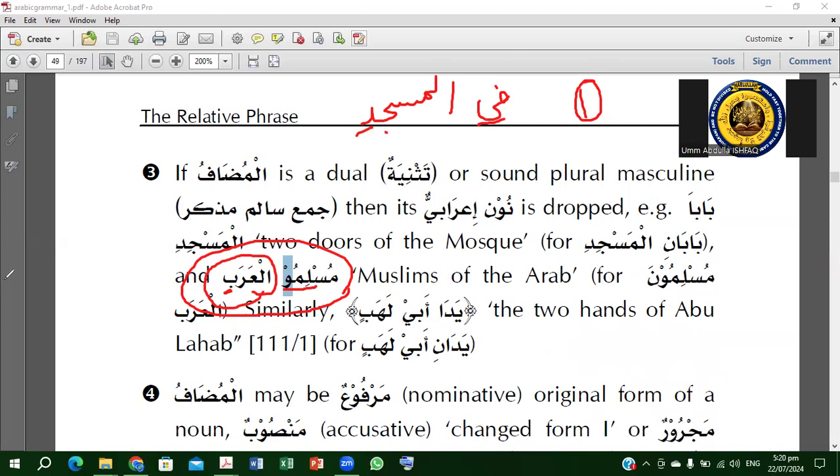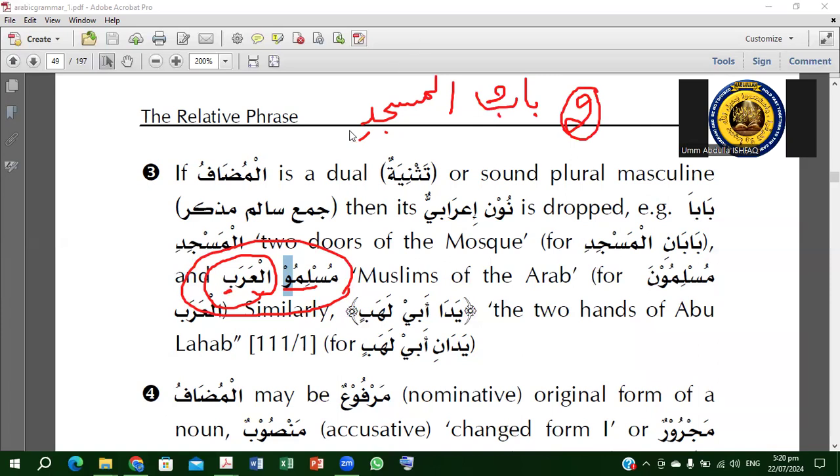The second case is that it could be a mudaf ilayhi. So maybe it is babul masjidi, the door of the masjid. Yes, these are the two cases only. There is no other case in which this noun can be in halat jar.